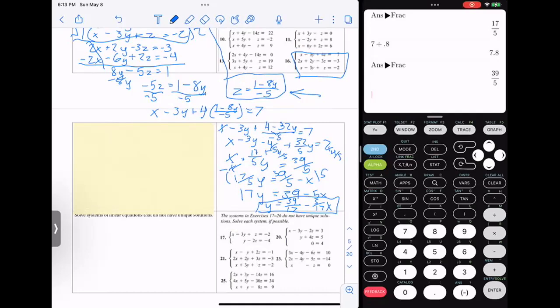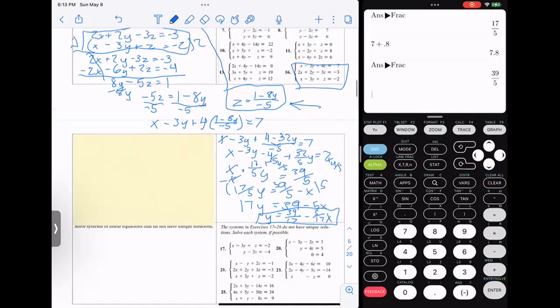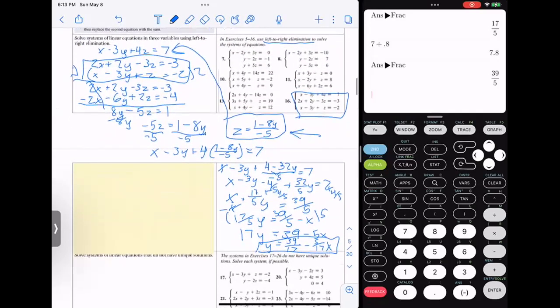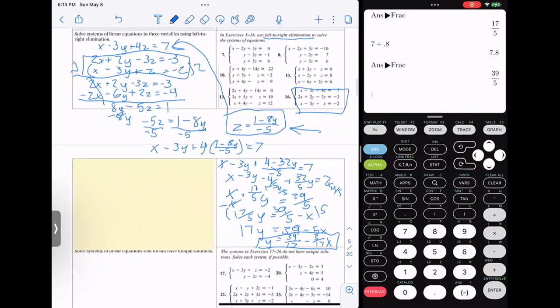Because this is turned into gross math. All right. Let's see, where did I go wrong here? You know what?